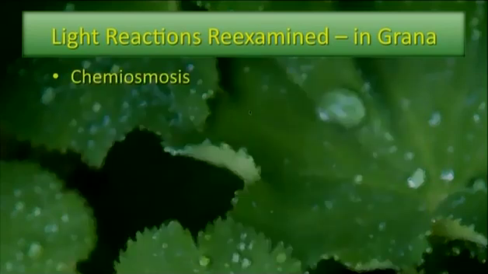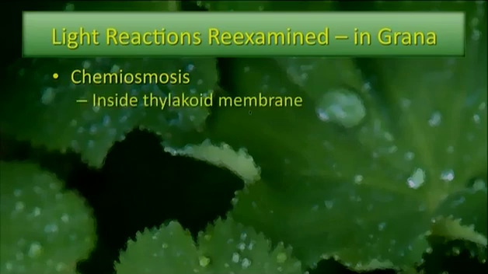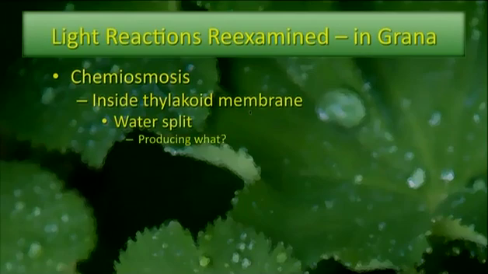Now we have chemiosmosis, which happens at the thylakoid membrane. Remember that water is split, producing what? Do you remember what water split produces? Think about it for a few seconds. It produces oxygen gas, hydrogen ions, and electrons.